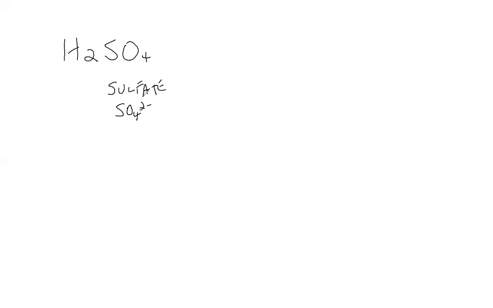So this is an ate ion, so this is sulfuric acid. So again, we don't just say sulfic, we say sulfuric acid. Before we saw hydrosulfuric acid when we did not have any oxygens. Now that we have oxygens, it's sulfuric acid.